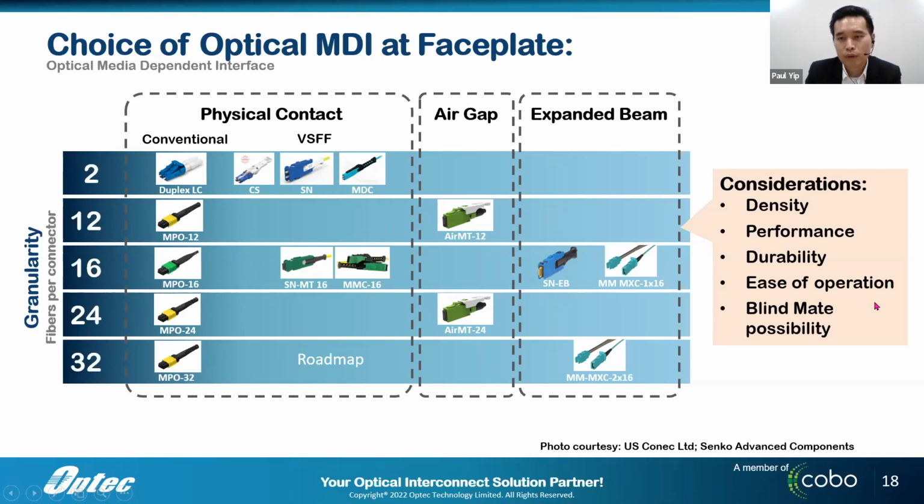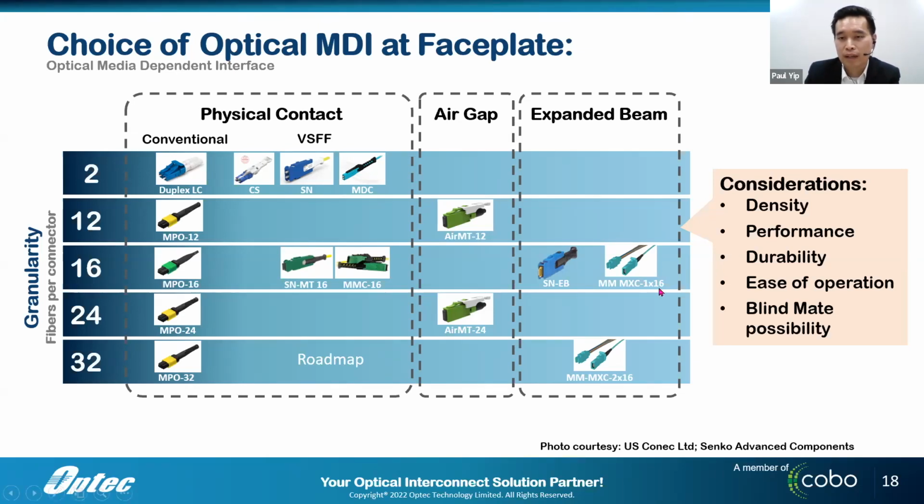We are considering the density, what kind of performance it can give, and of course the fiber counts. In the long-term future, because we know that dust contamination is the biggest challenge in data center maintenance and operations, can we use some of the expanded beam or air gap connectors in the future?